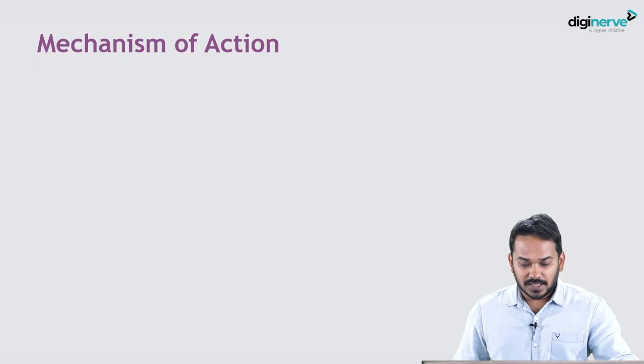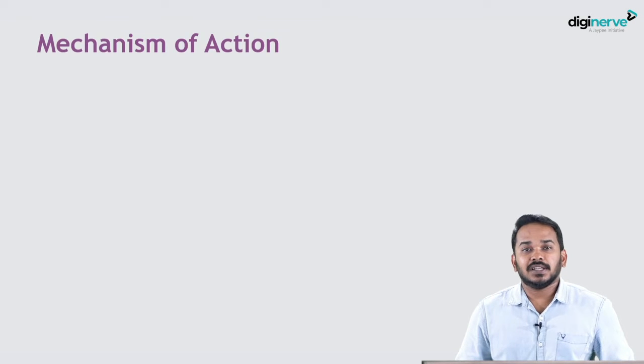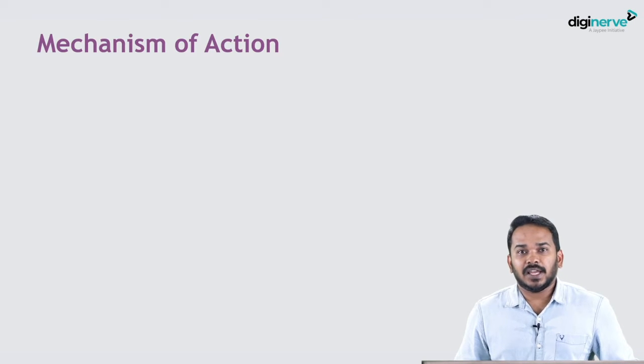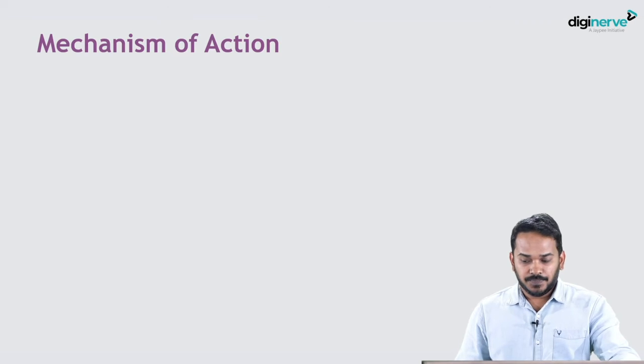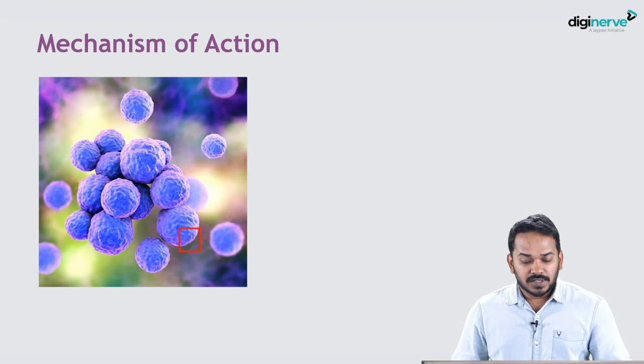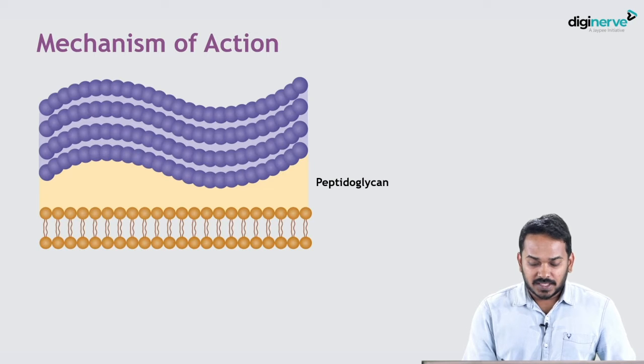Before we understand the mechanism of action of penicillins, we should understand how the bacterial cell wall synthesis differs in gram-positive and gram-negative organisms and how the bacterial cell wall is synthesized. Gram-positive organisms have something called peptidoglycan as cell wall.